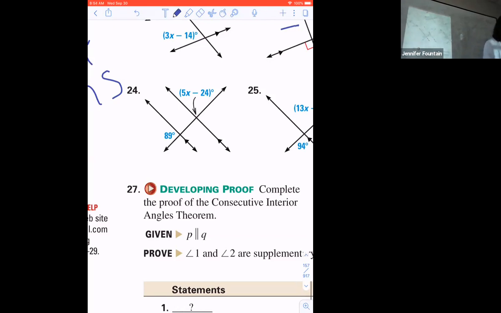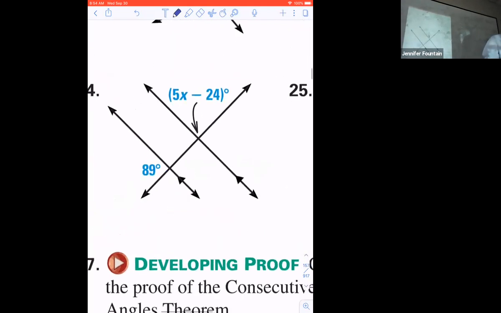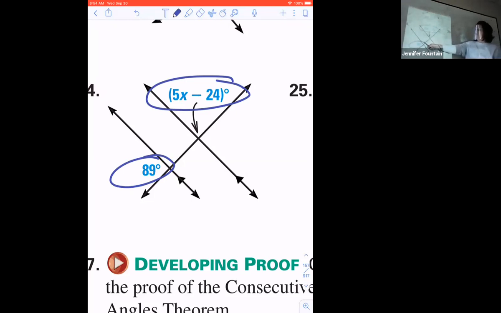Could you work that out? I was kind of confused on that. Okay, so when we're looking at these two measures, this is 124. Yes. So I can see that this placement and this placement would be corresponding angles, right? Because these would be corresponding angles, I know that this cannot equal this.